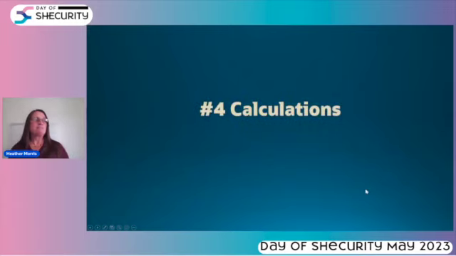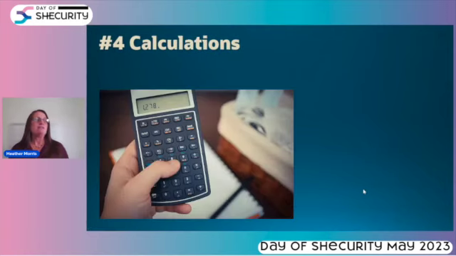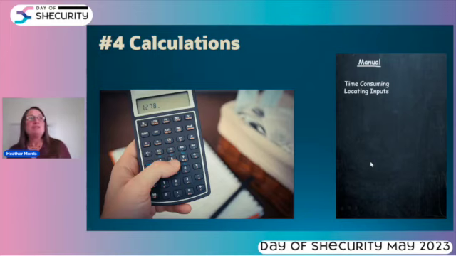Calculations are another great way of adding some automation. If you are someone who's digging through, trying to find the inputs and grabbing a calculator and calculating this, there could be some issues. It could be time consuming, for instance, locating the inputs if you're digging through various reports, trying to find the values to put into your calculations.